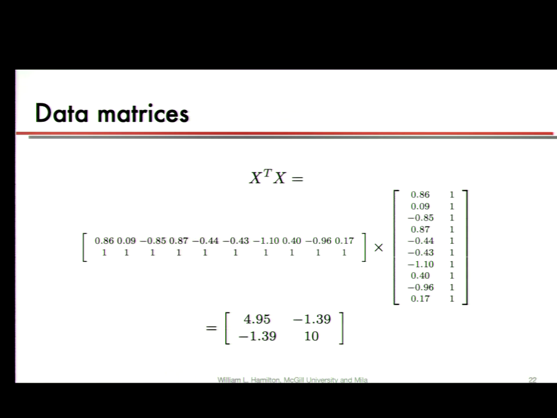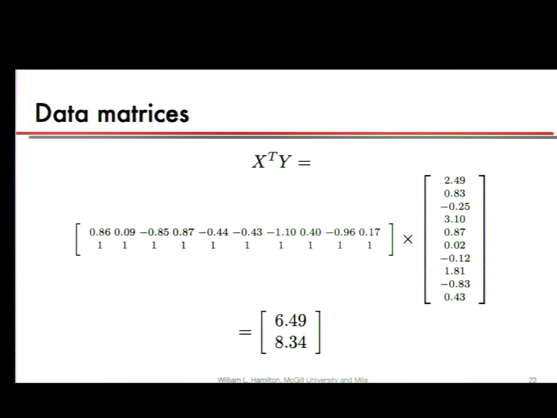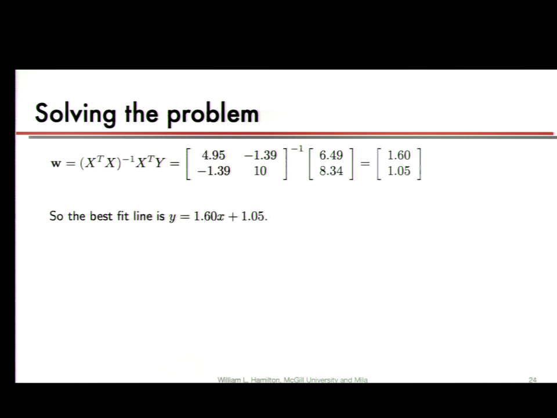So here, giving some actual numbers, we would take this data matrix and multiply the data matrix transpose times itself, and note again that we've added this dummy row of all ones to account for the bias or intercept term. So we can compute this. We also need to compute x transpose times y.